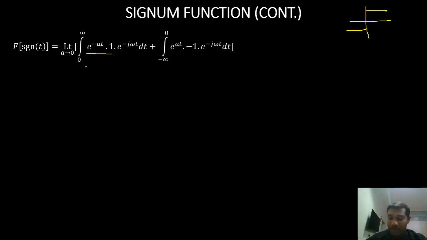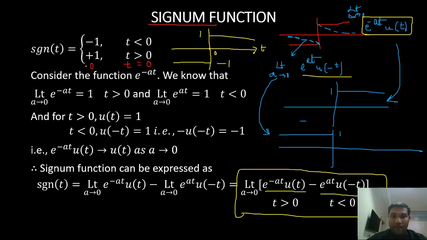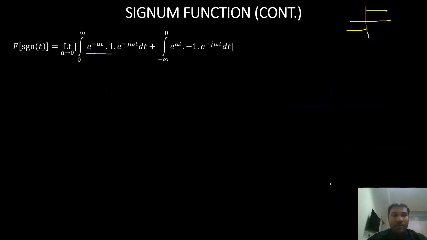For t greater than 0, it is e power minus at, and from minus infinity to 0, it is e power at, right? The same thing. From 0 to infinity, it is e power minus at into e power minus j omega t dt, and from minus infinity to 0, it is e power at into e power minus j omega t into dt.